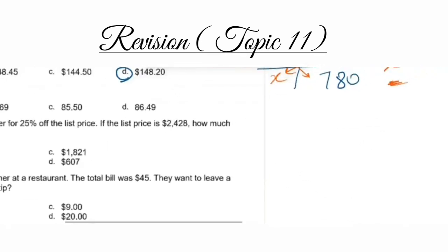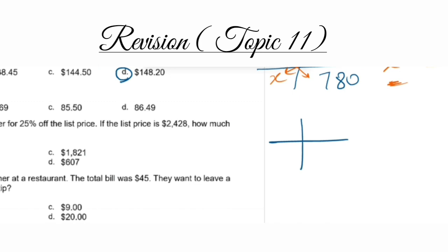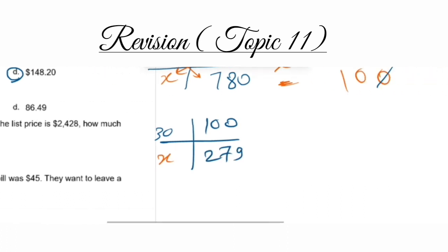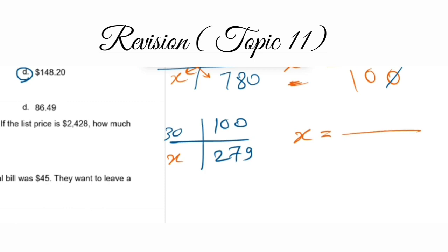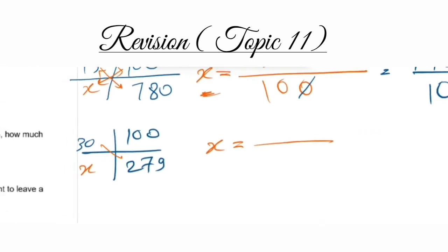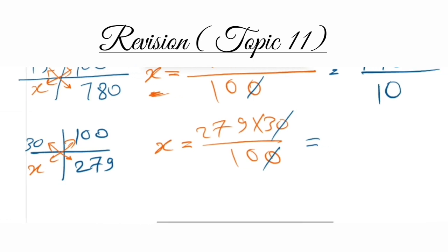In question number 30, find 30% of 279. Okay, we can use a table for this. 30% of 279. Here we have x. So x is equal to, yes, cross multiplication, 279 multiplied by 30 divided by 100. Remove the 0.